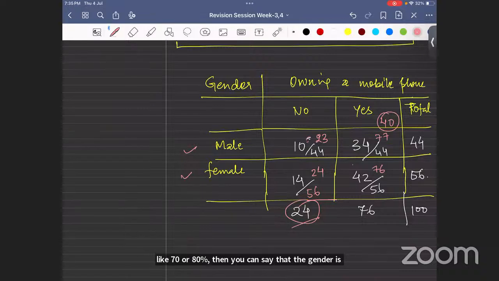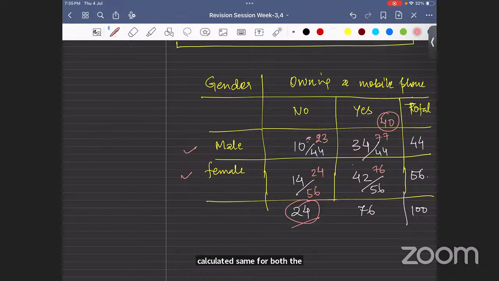So if somebody is a female, there's a high chance that she is having the phone. But if the row frequency or the percentage that you have calculated is the same for both cases, then you can say that there is no association between these two variables.